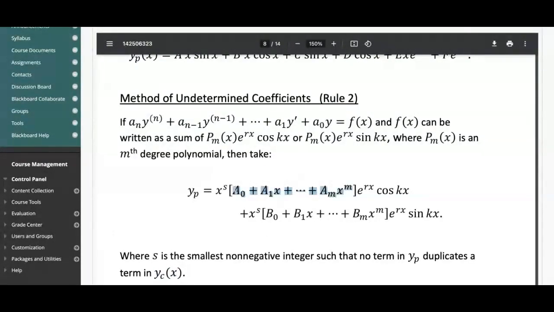Then it has this polynomial of degree m, e to the rx cosine kx, then also x raised to s, this polynomial of degree m, e to the rx sine kx.